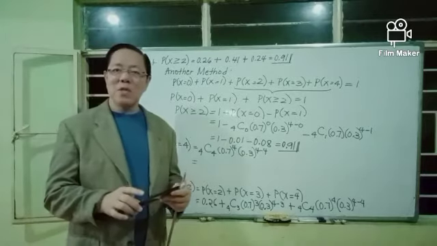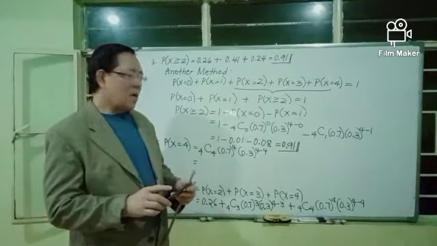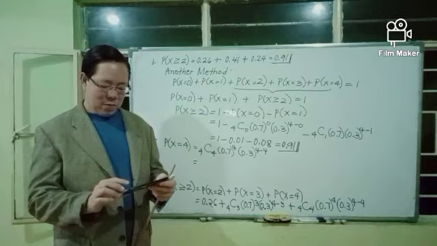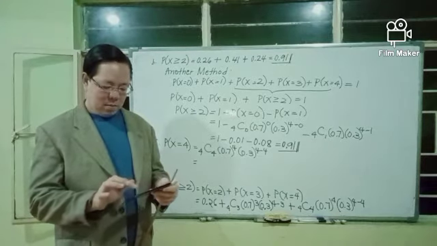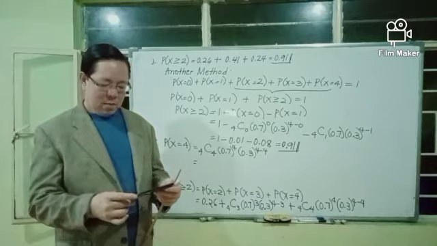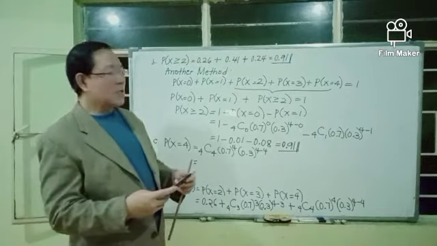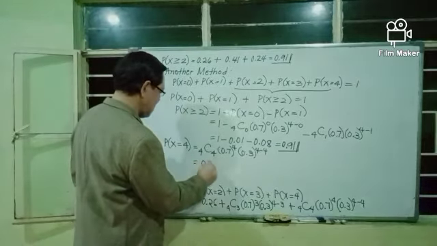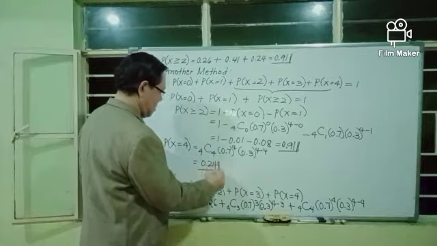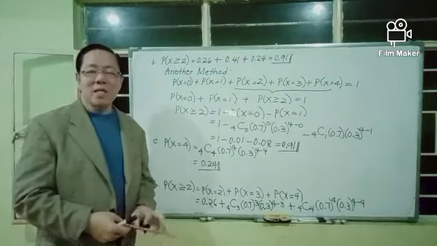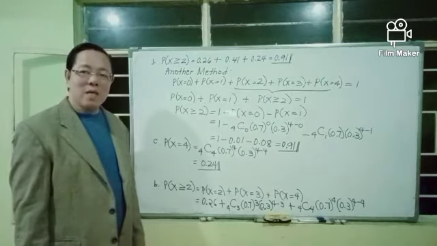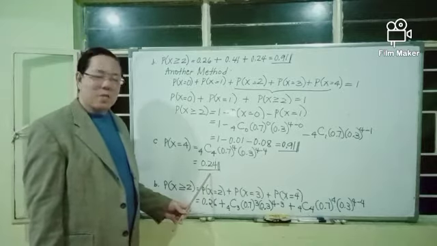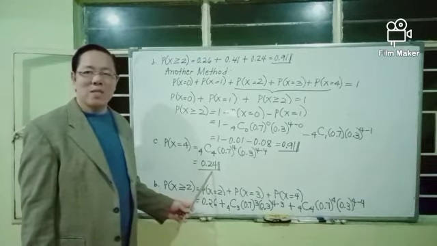We have combination of 4 taken 4 multiplied by 0.7 to the power 4 multiplied by 0.3 to the power 0. And to two decimal places, you should get 0.24. Thus, the probability that all of the 4 husbands in the 4 families who are planning to buy a new car will decide on the make of the new car to purchase is 0.24 or 24%.